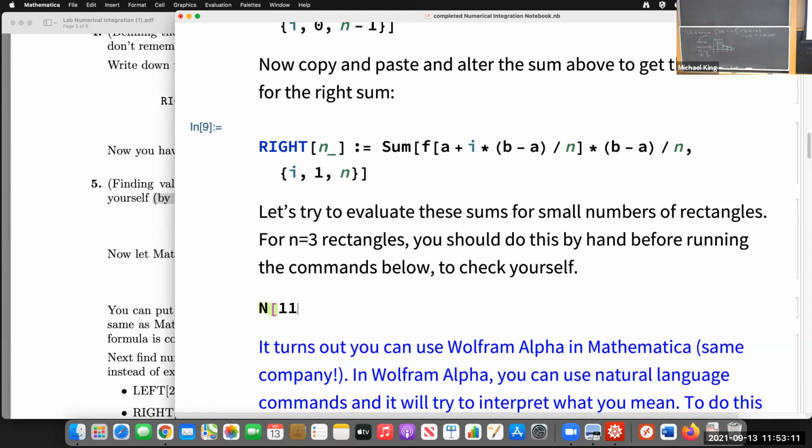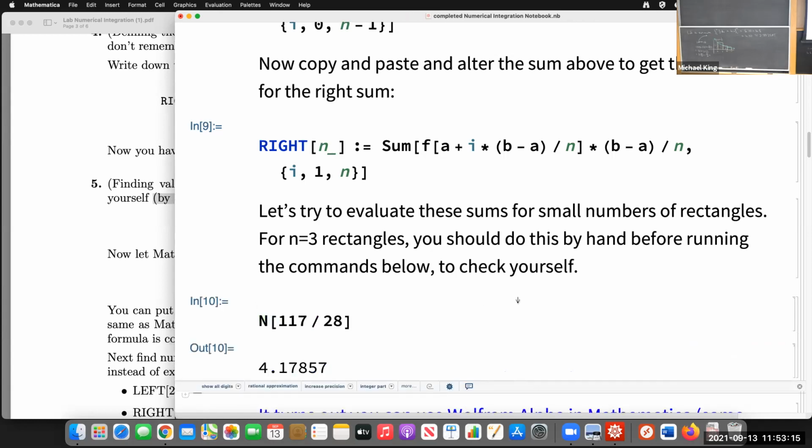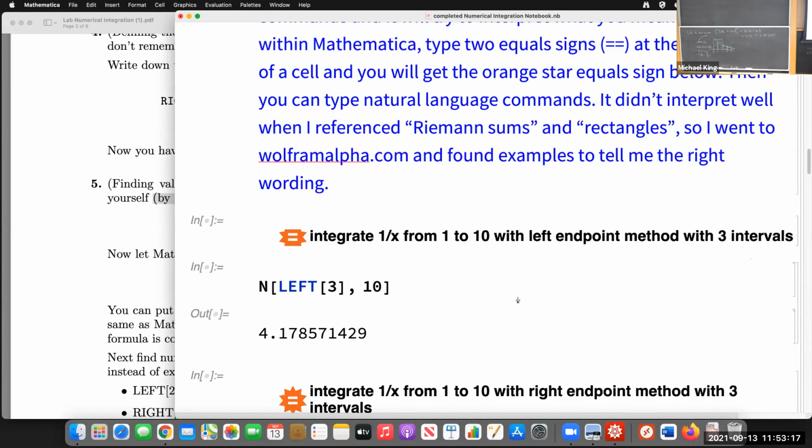Numerical value of 117 over 28. 4.178. And when you do this, you get 4.17857. When you actually just ask Mathematica to do it for you, it's the same thing.